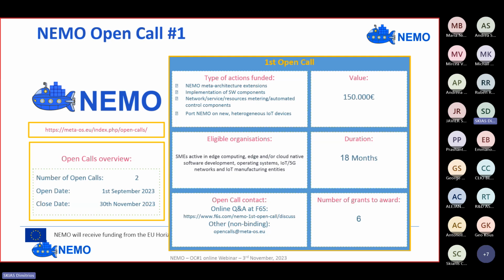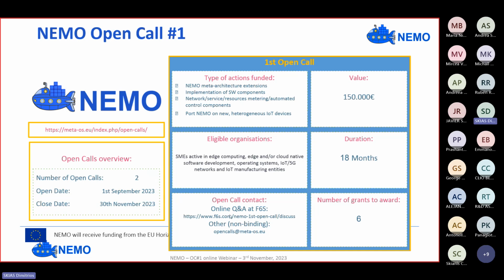In general, what we plan in this first open call is to extend the NEMO meta architecture by providing software components and IoT devices, as you see below, that fall into the categories of network, resource metering, automated control components, and in general services that extend the scope, the technology and the meta architecture of the NEMO meta operating system.